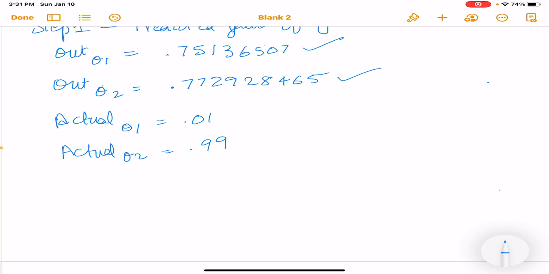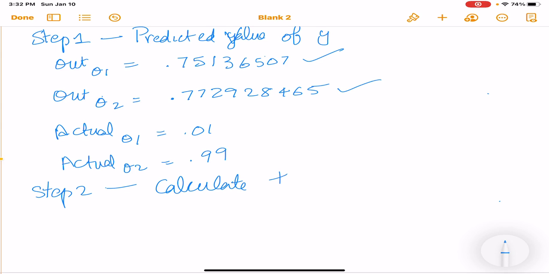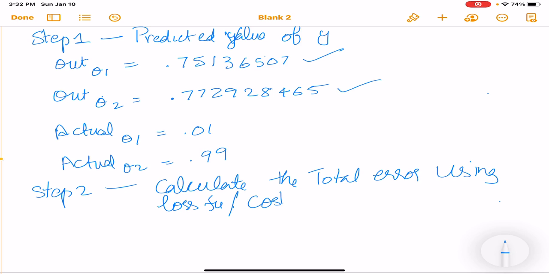So the next step, which is step 2 of my forward propagation, is to calculate the total error using what we call our loss function. We also call this a cost function or sometimes an error function.